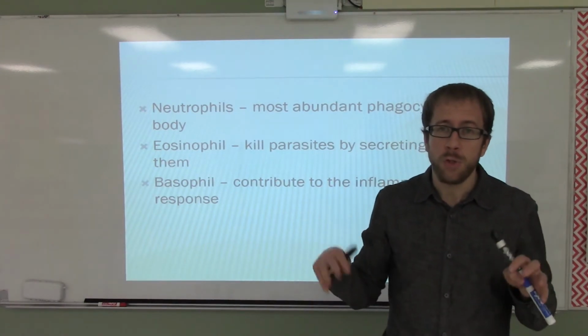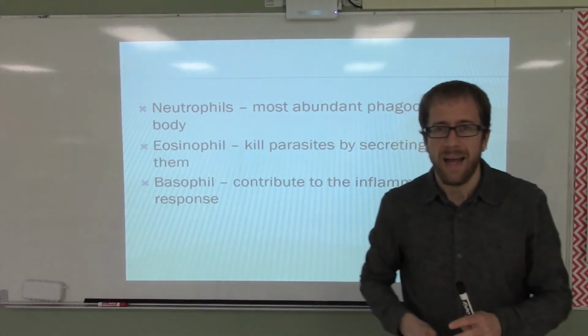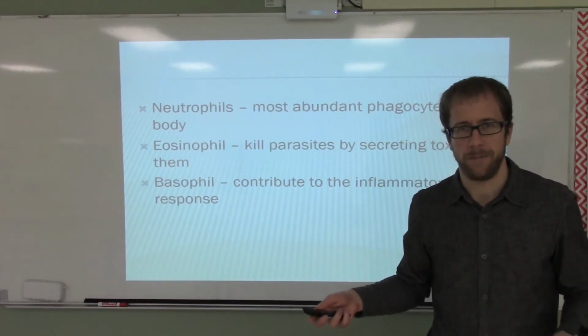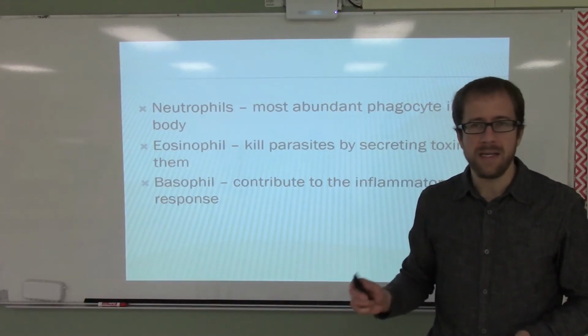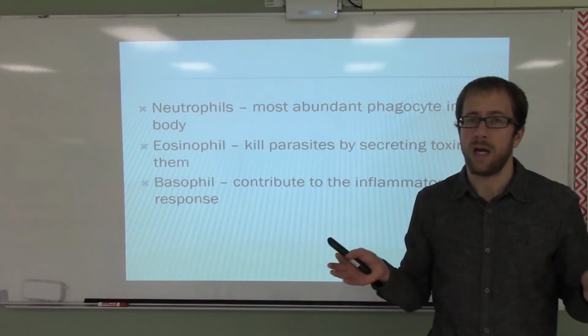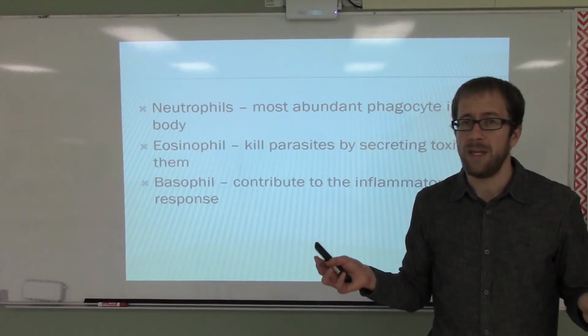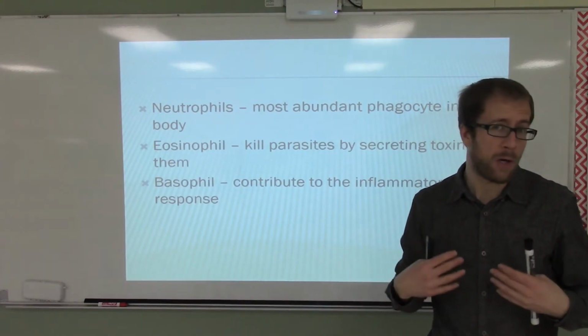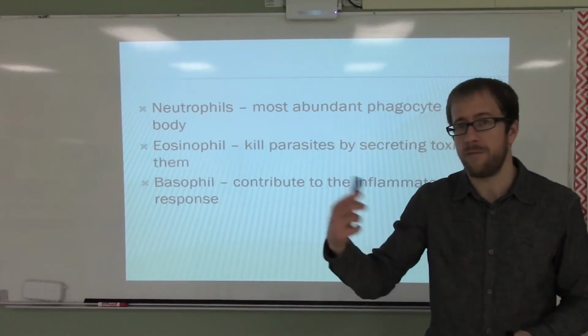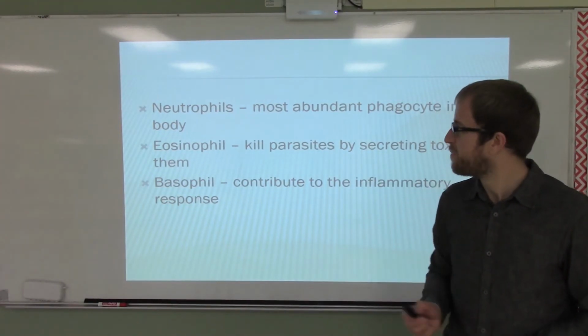So tons of neutrophils will rush to the site, and they will absolutely obliterate everything there. They are very deadly phagocytes, and they release all sorts of chemicals that do lots of damage to not only your cells, but all of the other things that are there, bacteria, viruses, pathogens, etc.